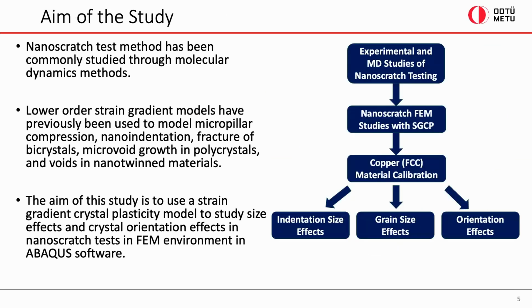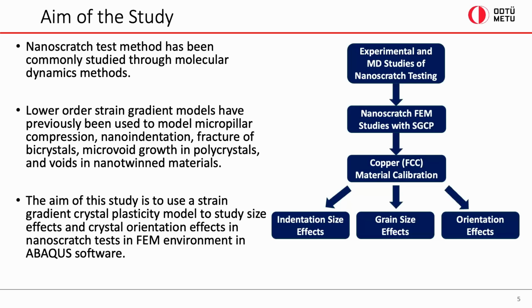The aim of this study is to capture this effect through a finite element framework. Conventionally, nanoscratch tests are done experimentally and modeled through molecular dynamics simulations. There are some finite element studies on the subject as well, but size effect studies are not very common through finite elements for this process because it's hard to model and the models usually don't converge and have issues.